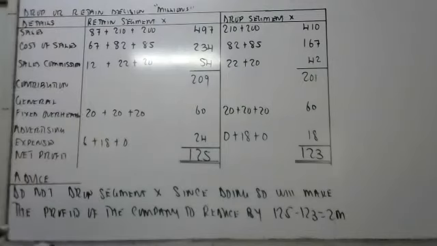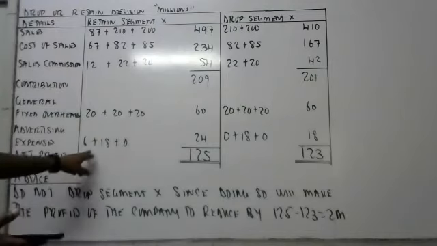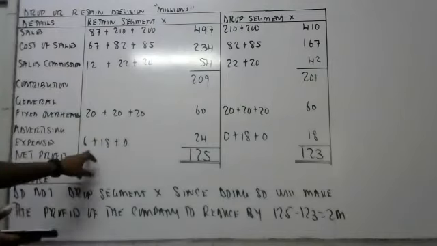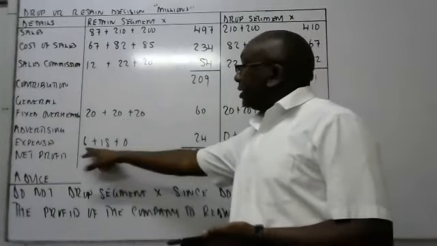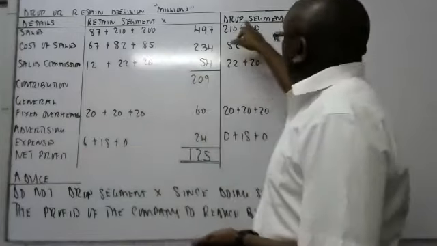For the advertisement, you're asking why we did not add. It is because we are told it is specific. By specific, Paris, that means it is only there when that department is there. So if that department is not there, that cost will not be there. That's why it is here when we are paying, but when we drop, it is not there. Is that okay, Paris?